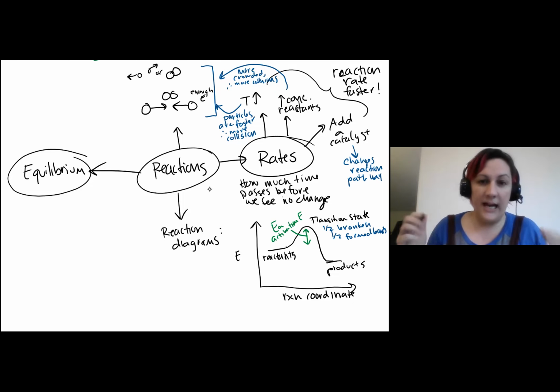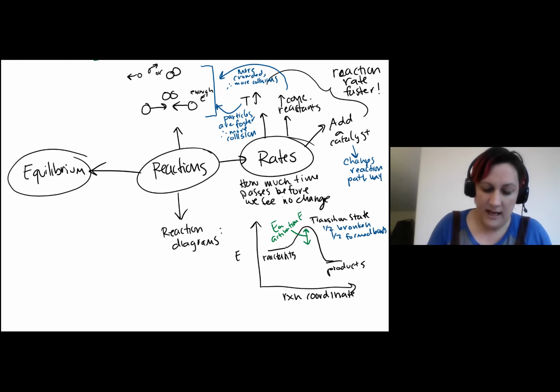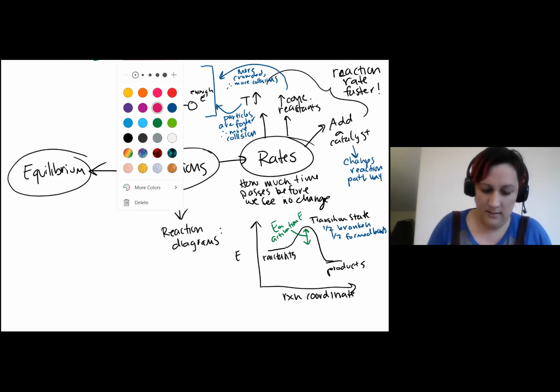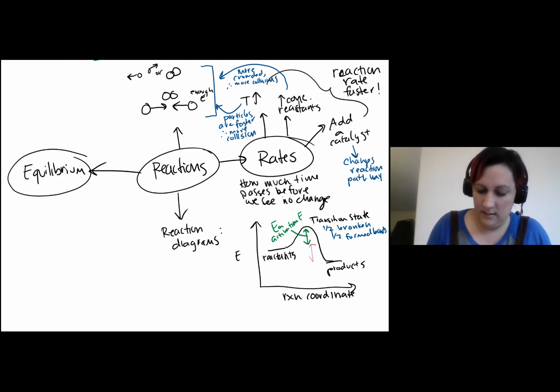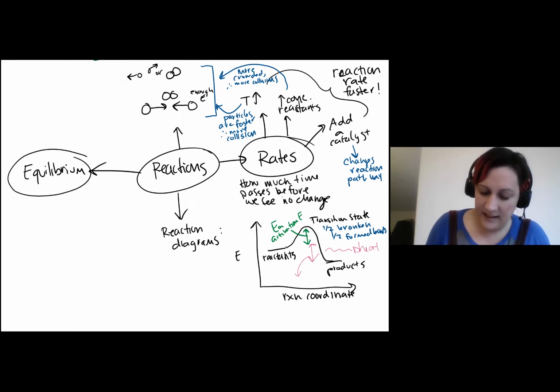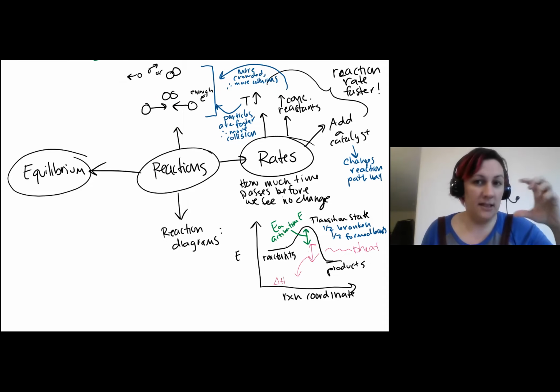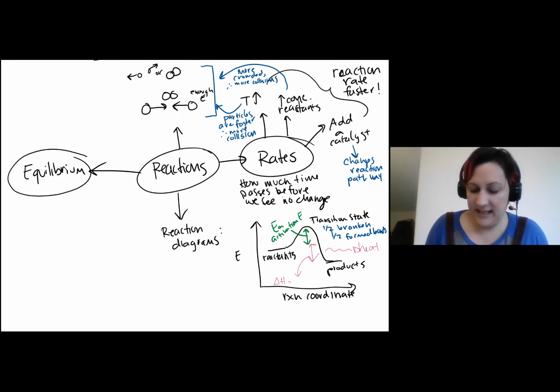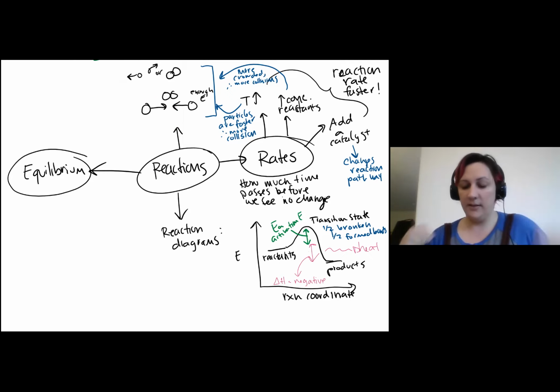If the products of a reaction are lower in energy than the reactants, then it's going to release energy as heat to form the products. It's going to have more energy than it needs, so it's going to get rid of some of it as heat. And we would call this enthalpy right here, this energy difference. In this case, it's going to be negative because the products are less than the reactants.